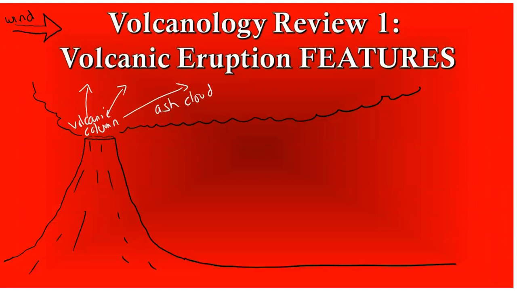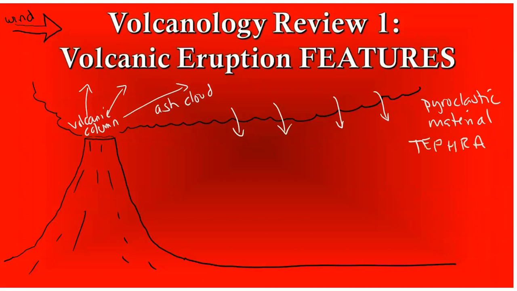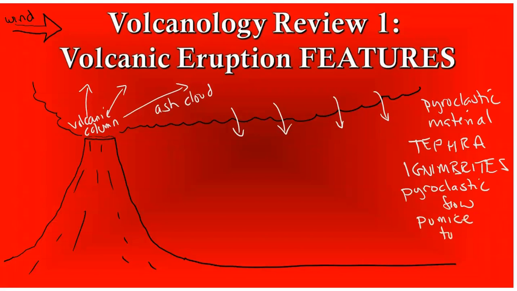The ash cloud, and you have the falling material, or pyroclastic material, falling as tephra, and this is also called ignimbrites if it flows like a pyroclastic flow and lays down layers of, let's say, pumice or tuff or various forms of this ash accumulation.